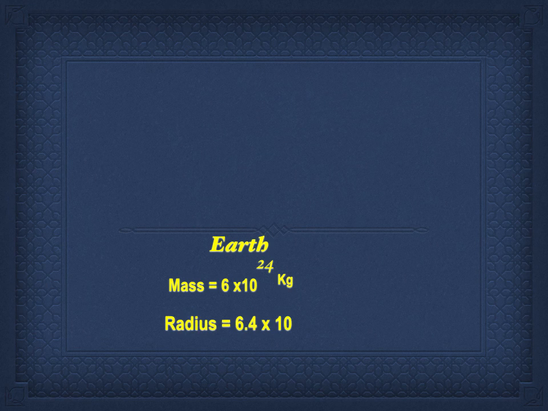Now, every planet and satellite has different mass and radius. Now let's see Earth, whose mass is equal to 6.6 multiplied by 10 raised to 24 kg. Radius is equal to 6.4 multiplied by 10 raised to 6 meter.